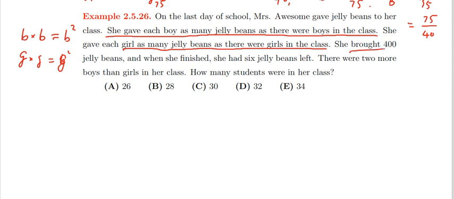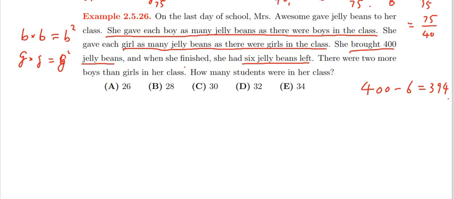She bought 400 jelly beans, and when she finished, she had 6 beans left. So she gave out 400 minus 6 equals 394 beans to the class.